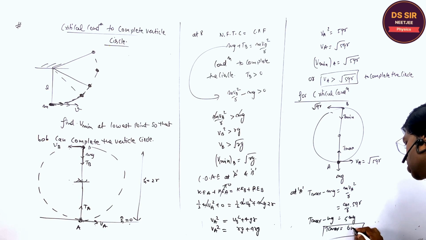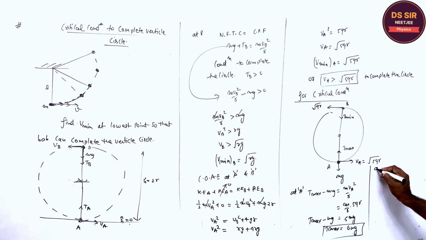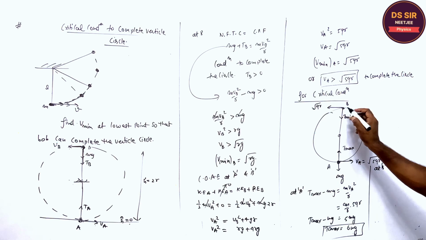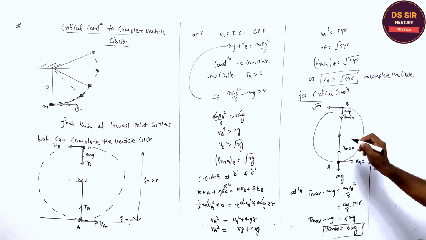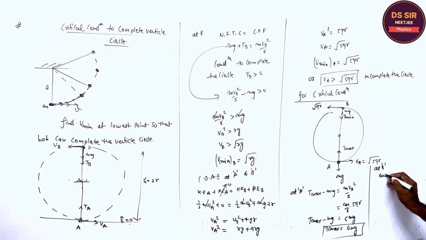6 mg. Right. And how to find the minimum tension at B? At B, this is the mg, and the tension. What is the net force towards the center? mg plus Tmin will provide the required centripetal force m Vb square upon r.